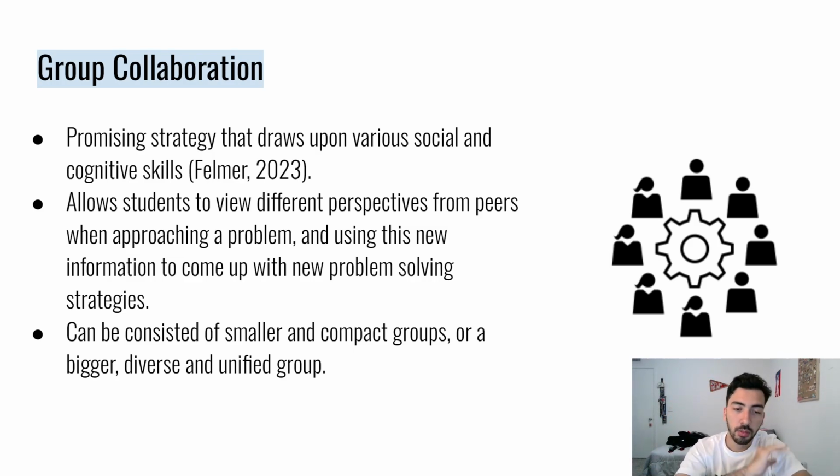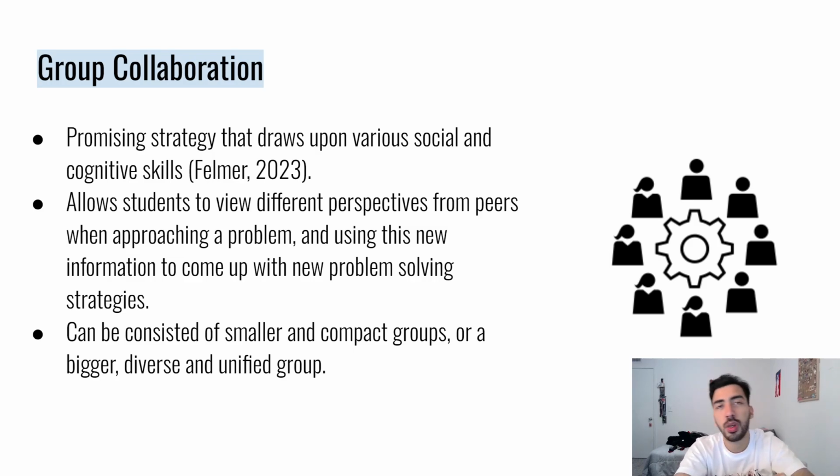And the groups can consist of smaller, compact groups. So if you have a class of 30 students, you can have, for example, 10 groups of 3. Or you could have a bigger but diverse and unified group.